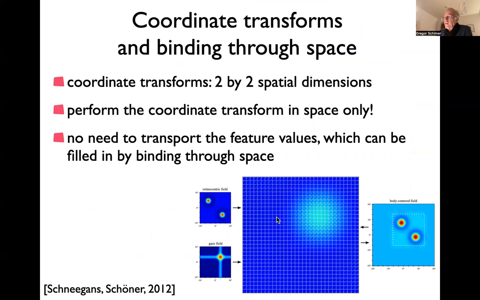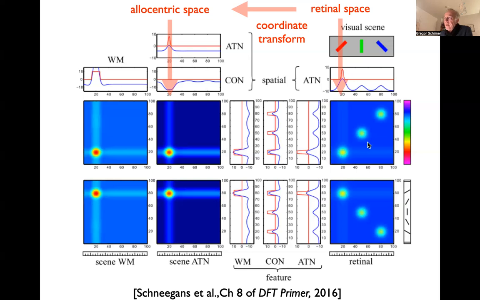And the important thing is the transformation of space actually only is about space. You only need to know about space, and we'll see that requires a certain number of dimensions. So we don't need to transport all of these features. Let's assume you have your 15 different feature fields.